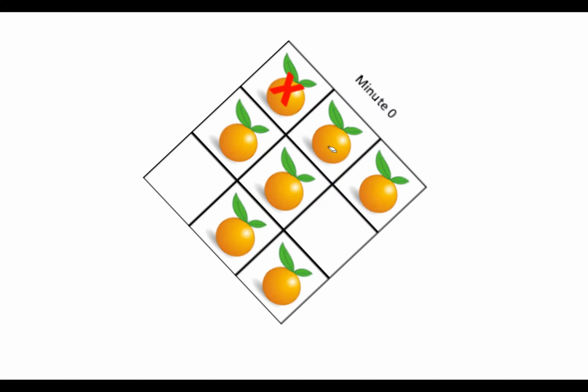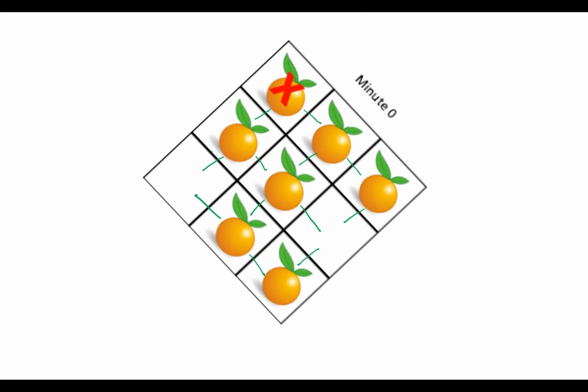For the valid edges, let's put them in green color. This is a valid edge, and this is another valid edge. This one has edges to the top, left, right and down, similar to the rest. So these are the edges of the graph, and we think of each orange as a node.